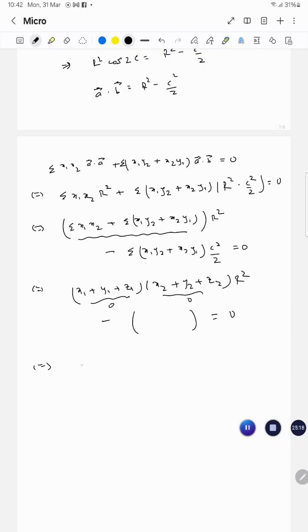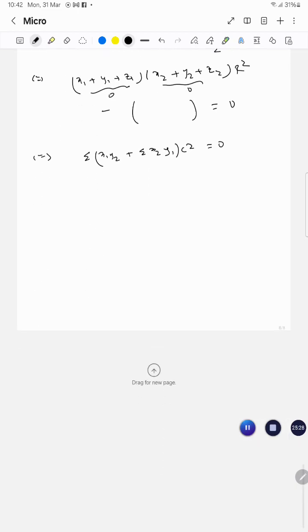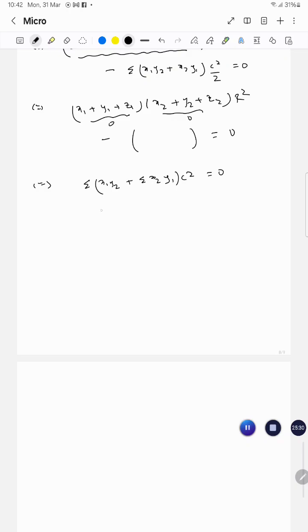So it is summation of x1 y2 plus x2 y1 times C square. So this is the perpendicularity condition.